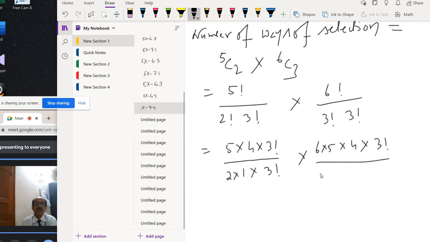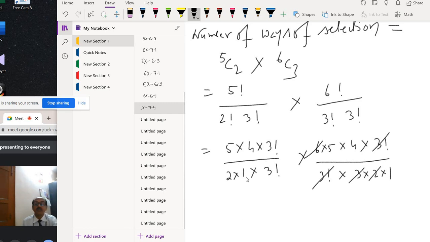Cut the 3 factorials. 3 into 2 is 6, 2 2 cancel.